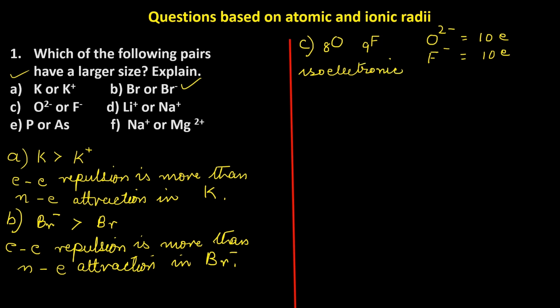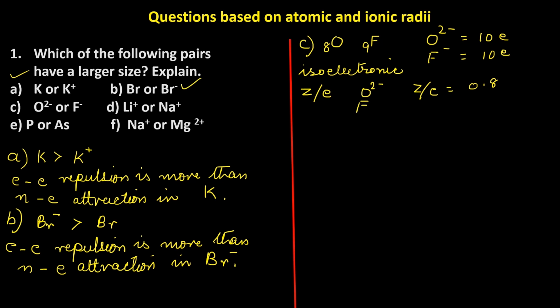We have already seen that in isoelectronic species, it is the nuclear charge that decides the size of the ion. Greater the Z/e ratio, less will be its ionic size. The Z/e ratio for oxygen 2- will be 8 divided by 10, which will be 0.8.